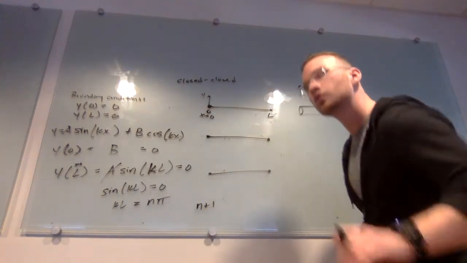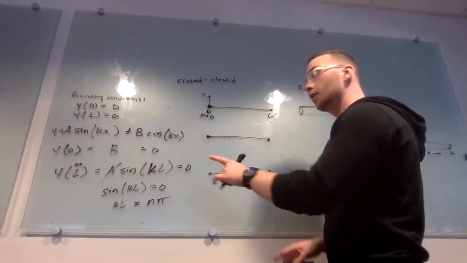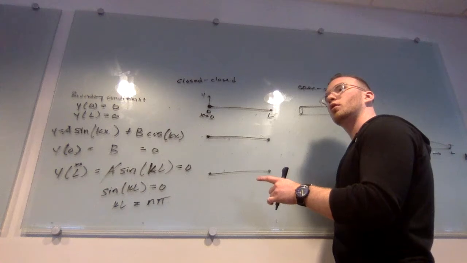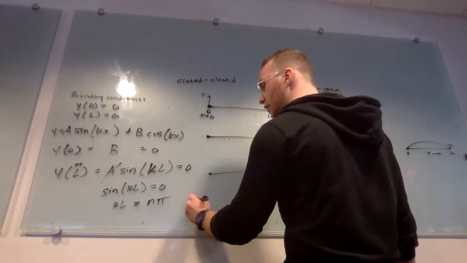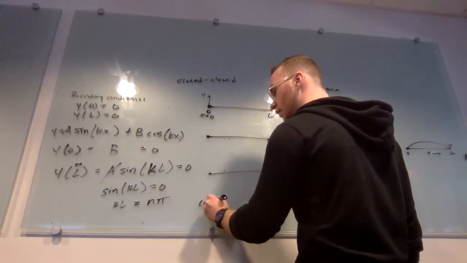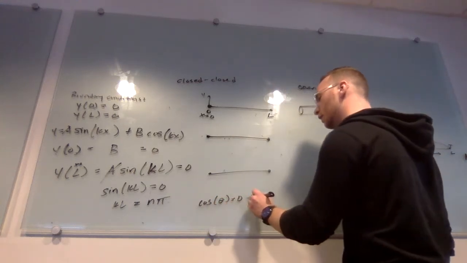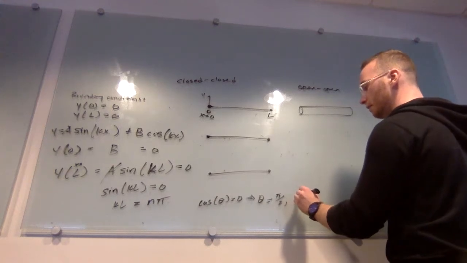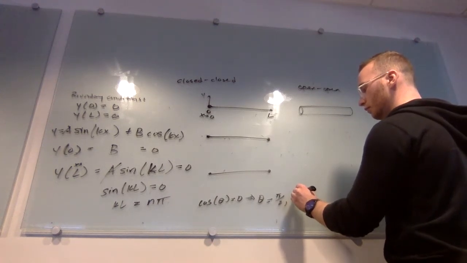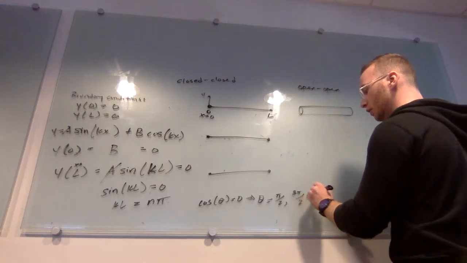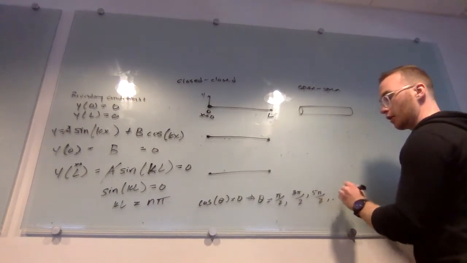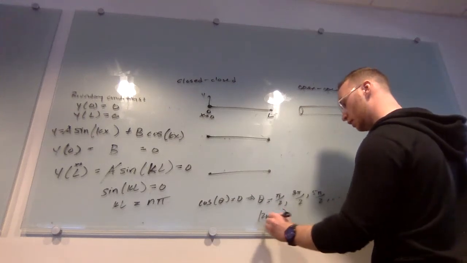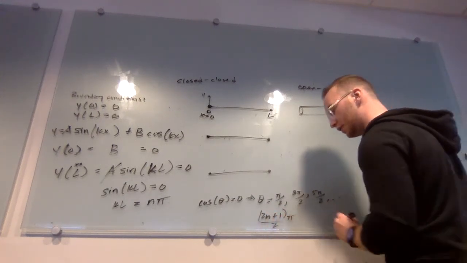Would it have multiple solutions? Because it'd be pi over 2 and then whatever 270 is. Yeah. So for cosine, theta equals 0 at pi over 2, 3 pi over 2, 5 pi over 2, etc. So it's actually going to be 2n plus 1 over 2 pi.